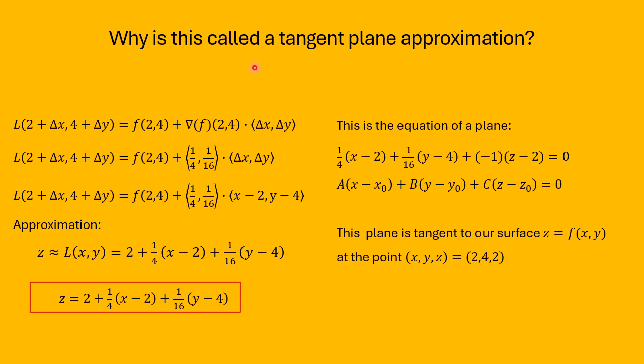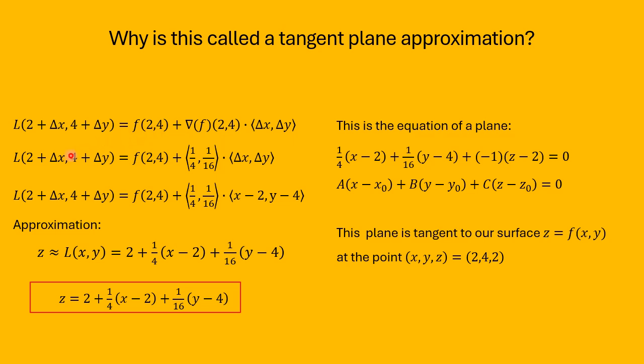What we just did is called a tangent plane approximation of f. Why is this the case? Well, if we look at that linear approximation formula, L of (2 plus delta x, 4 plus delta y) is f of (2, 4) plus the gradient of f at (2, 4) times (delta x, delta y).